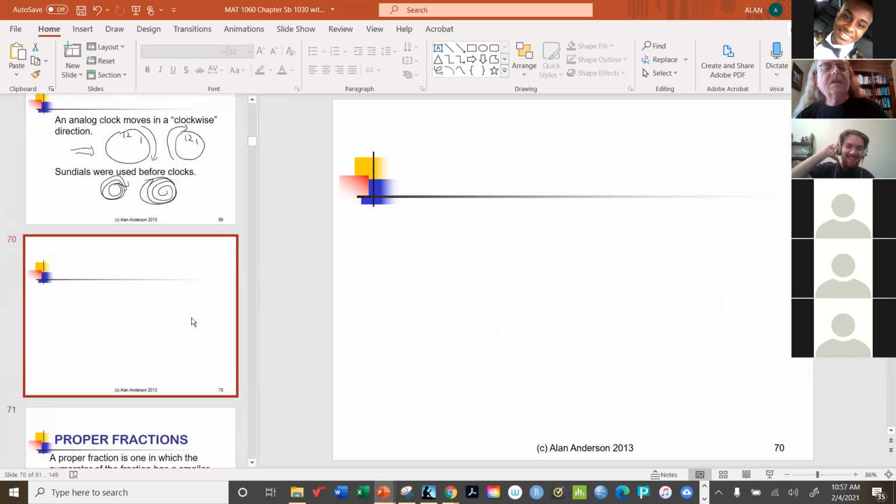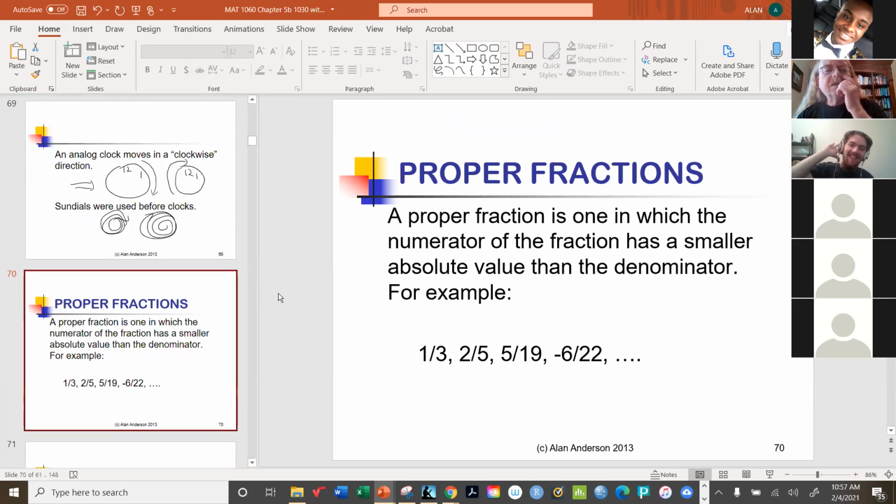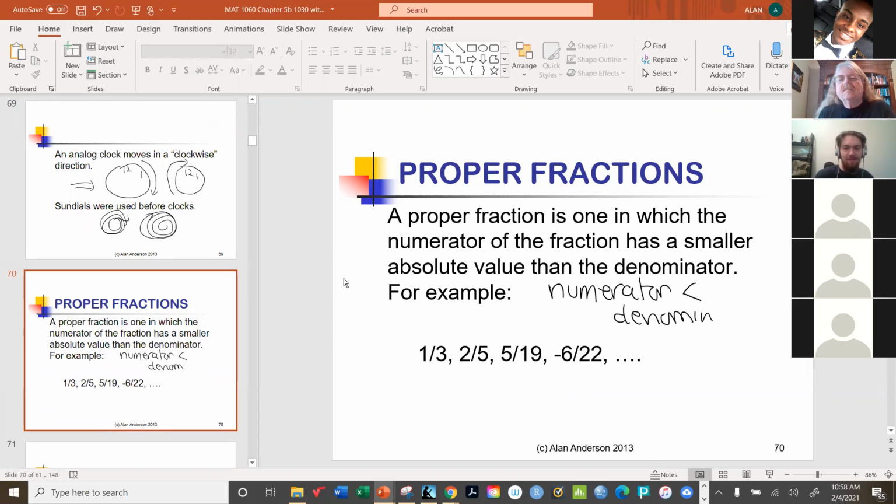And we're going to look at this concept, now this is something you might remember, fractions. It turns out that fractions can be classified in two different ways. If the numerator is less than the denominator, and by the way, don't forget that the numerator is the one on top.